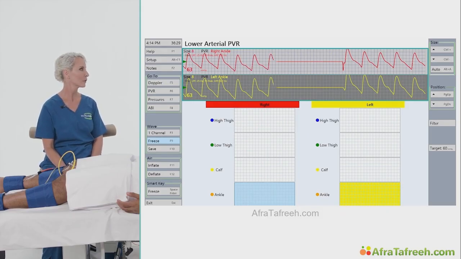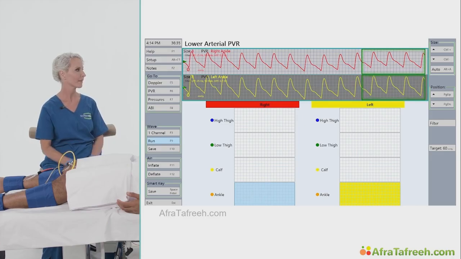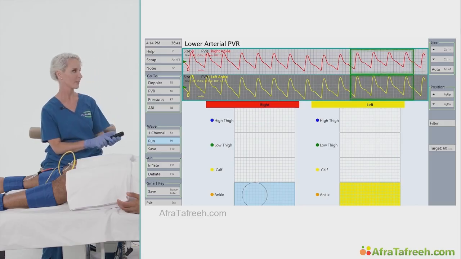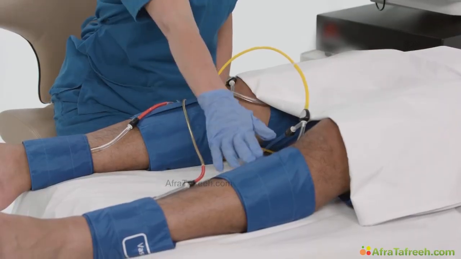And I will wait for 3 or 4 consistent beats to move across the screen, and I'll save that.